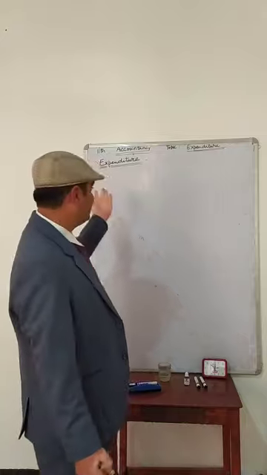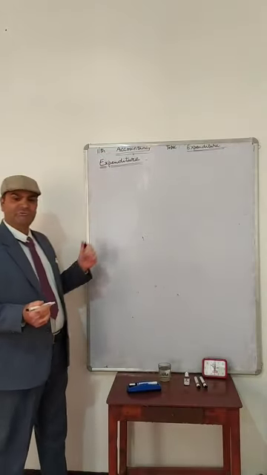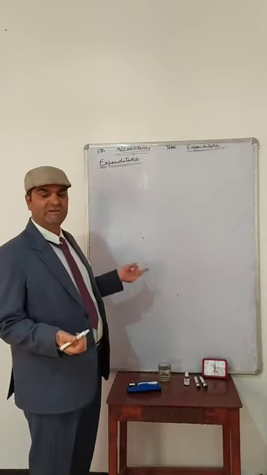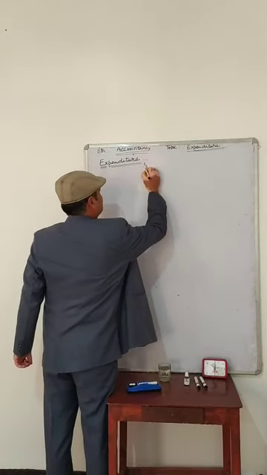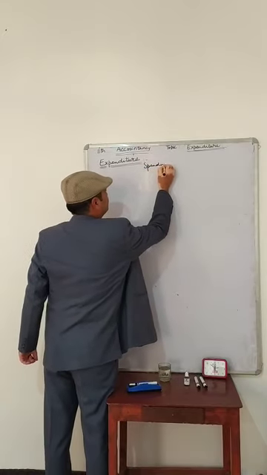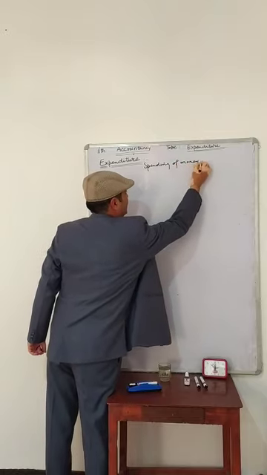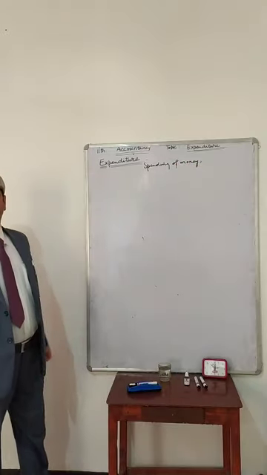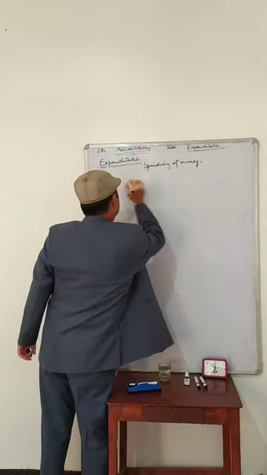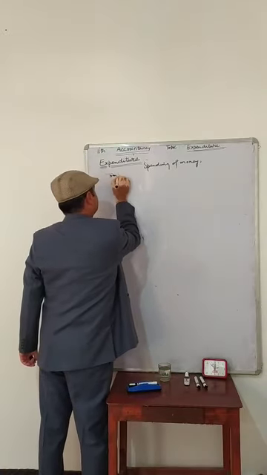Today my topic is expenditure. By the term expenditure, from an accounting point of view, we mean, number one, spending of money. Number two, transfer of property.